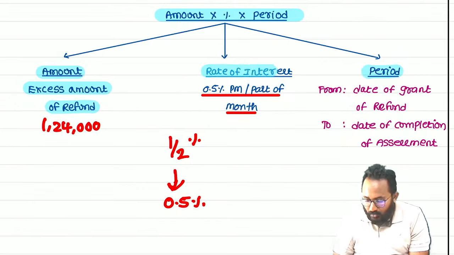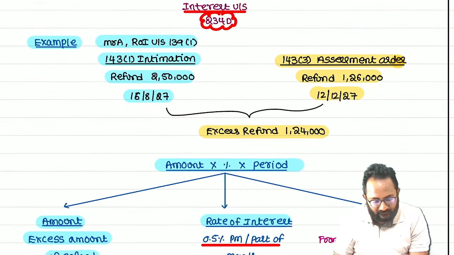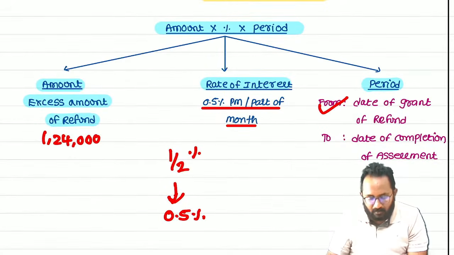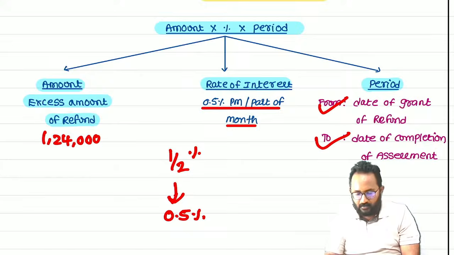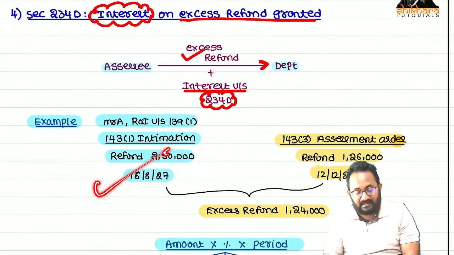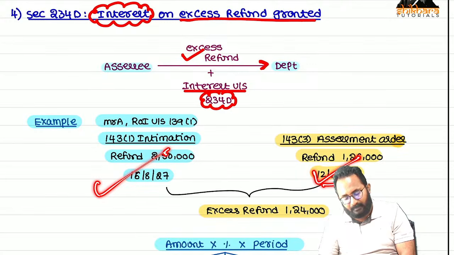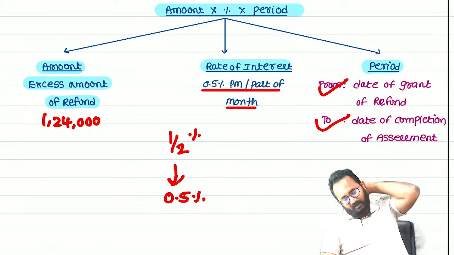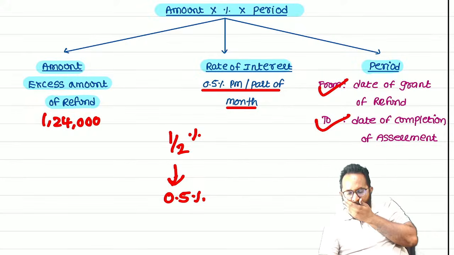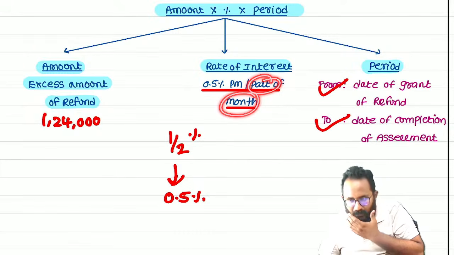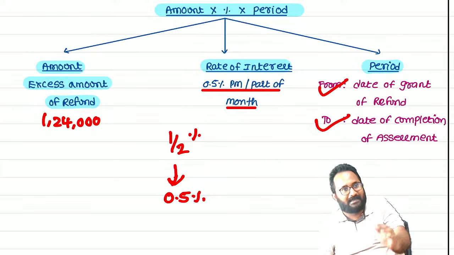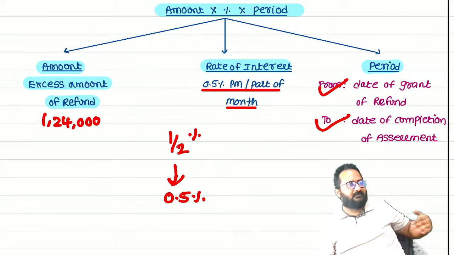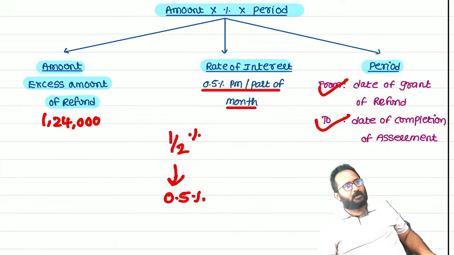Remember, the interest is from the day you got the excess refund till the day of assessment completion. When you got the refund on this date, until assessment completion when they clearly gave the eligible refund, between these two dates we calculate the interest. Part of the month is also considered as a full month. So if there is any excess refund, SSC will pay the excess refund along with the interest under section 234D.